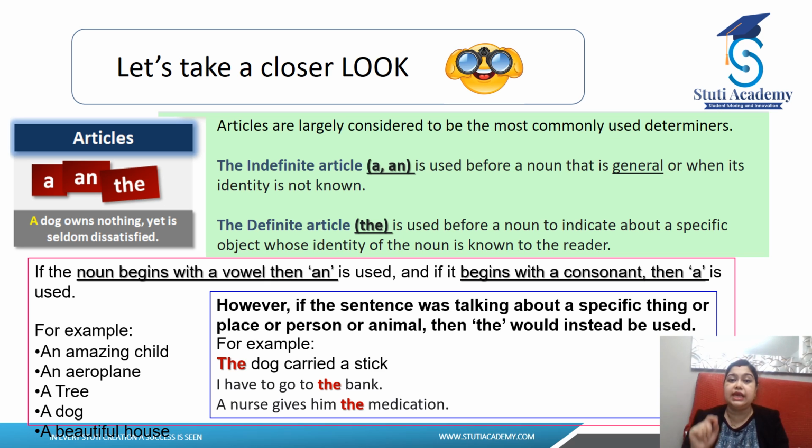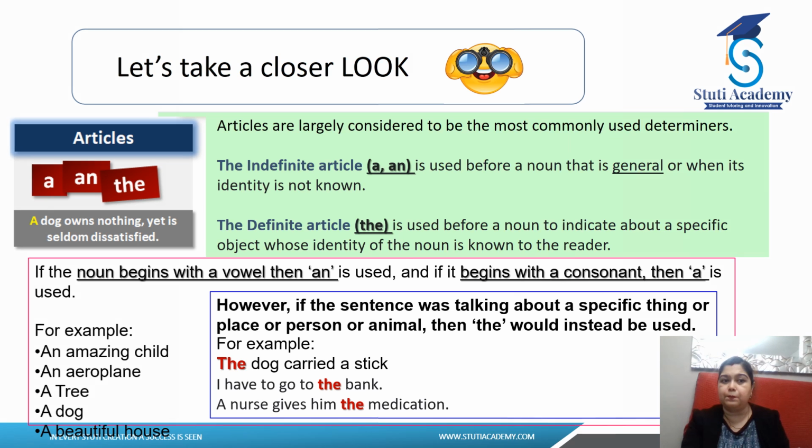So that's why it is a definite article. Then a nurse gives him the medication. So it is the particular medication that I'm talking about. Okay, so that's why we have the. So again, articles, two subcategories, definite article, indefinite article. All right, now let's go on to the next one.